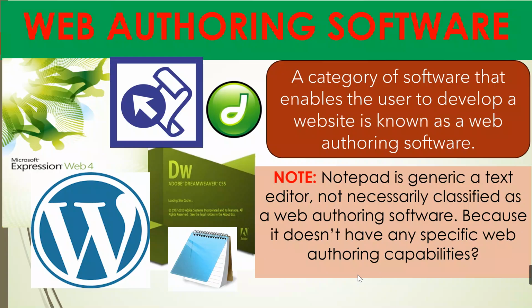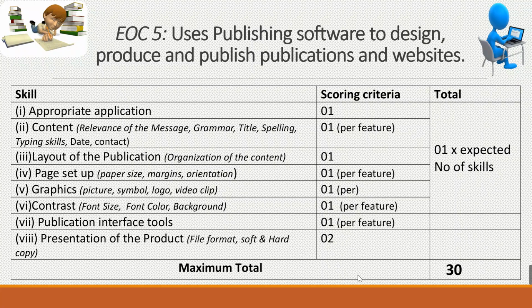And for that matter, a web authoring software is a category of software that enables the user to develop a website. That is what we call a web authoring software. It has all those capabilities enabling you to develop and design that website. So, while attempting this item 2, there are skills that are assessed. Use of an appropriate application.